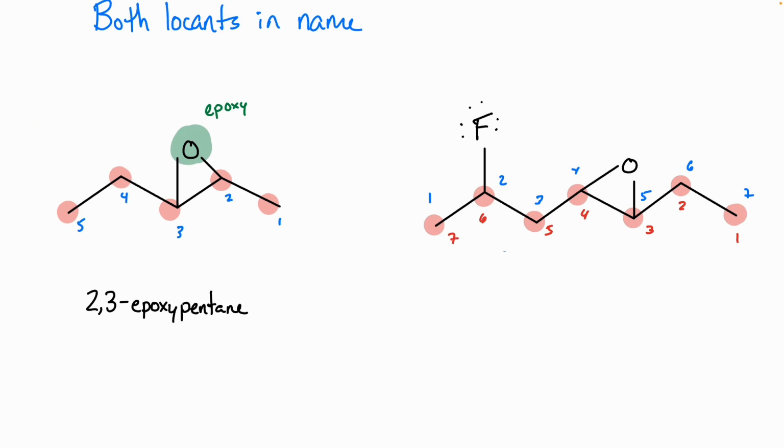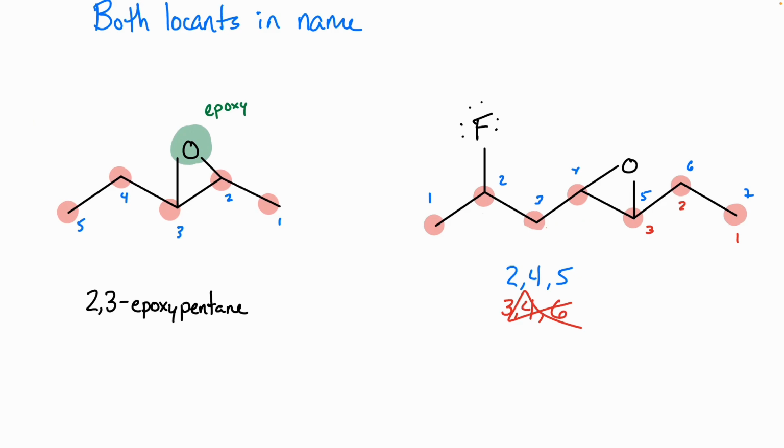Which of these numbering schemes am I going to pick, the red or the blue? It's going to be the blue, because these epoxy groups have nothing special with them. I'm just going to list all my numbers here. The blue would be a 2, a 4, and a 5. The red would be a 3, a 4, and a 6. So red loses. It's going to be that blue numbering scheme.